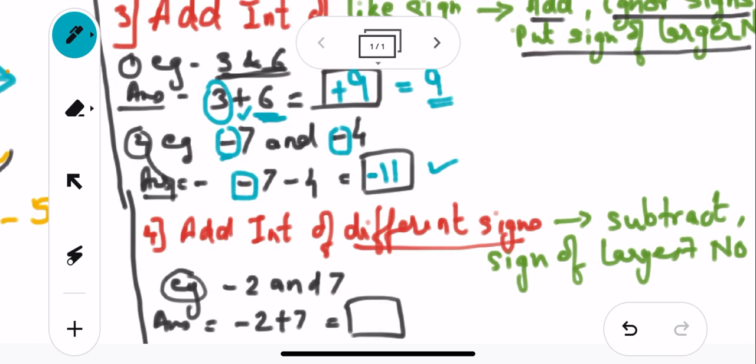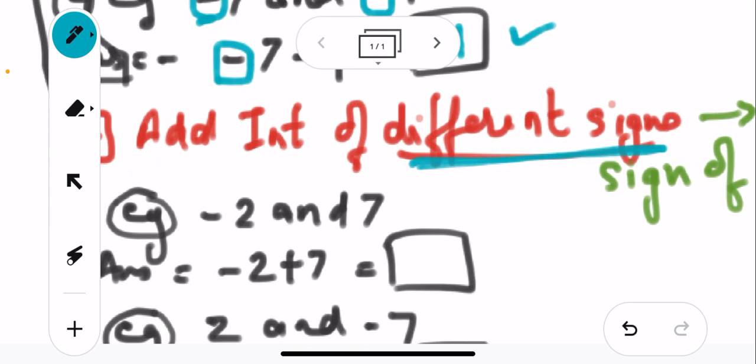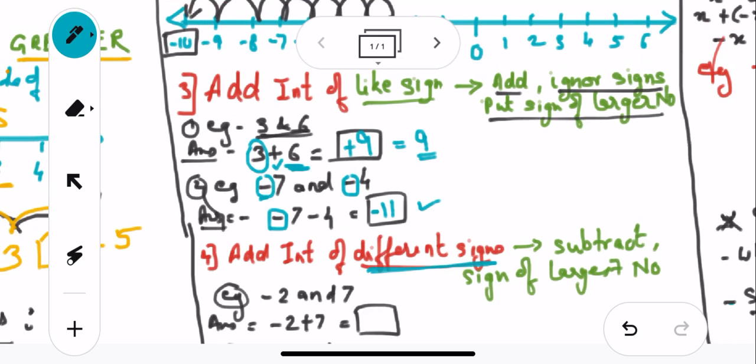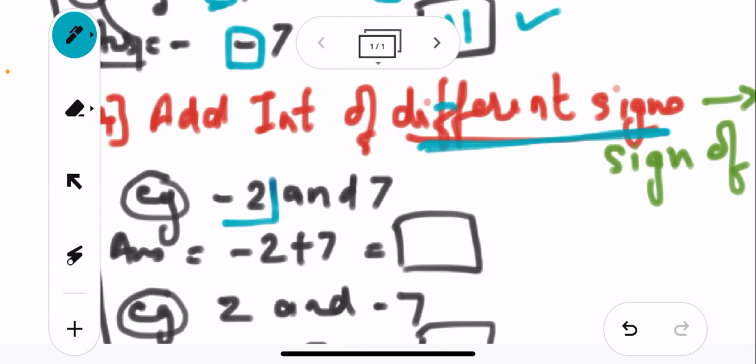Next, addition of integers with different signs. In the previous case, when the signs are the same, we do the normal addition and use the sign of the largest number.